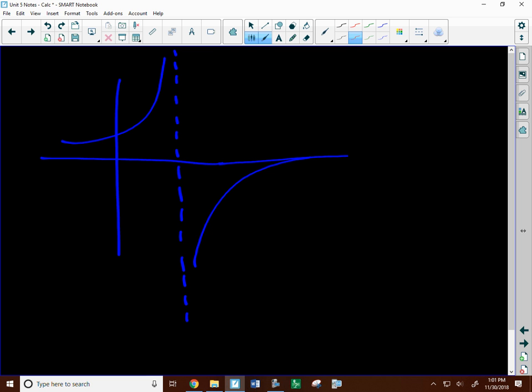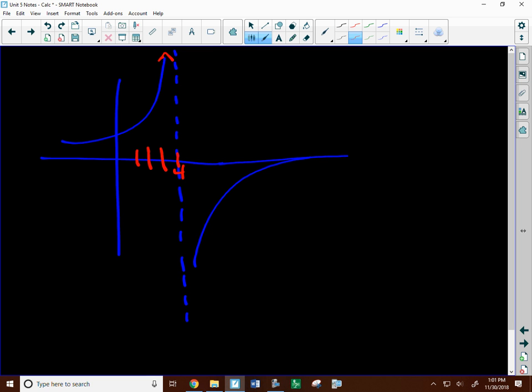This one is not continuous. It doesn't have a max or a min. It doesn't have a max because it's going up along the asymptote, going up to infinity. So maybe this is 4. The limit at 4 does not exist. The limit from the left is infinity.